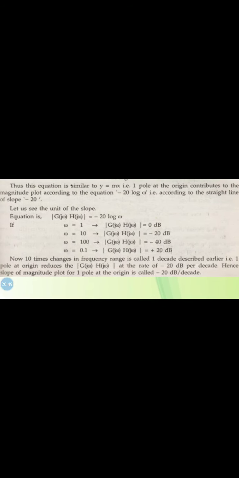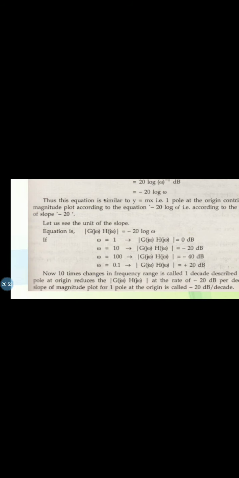So when omega is 1, the magnitude is 0 dB. When omega is 10, the magnitude is minus 20 dB. When omega is 100, the magnitude is minus 40 dB. When omega is 0.1, the magnitude is plus 20 dB.